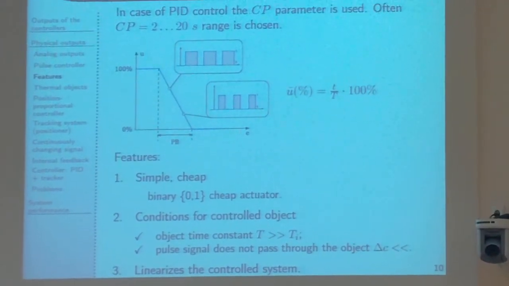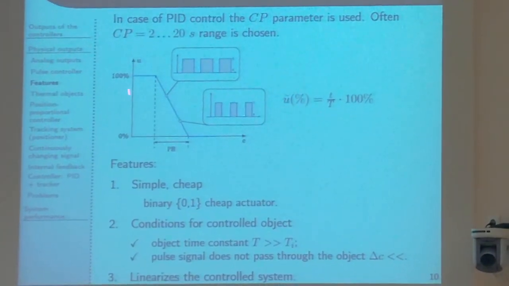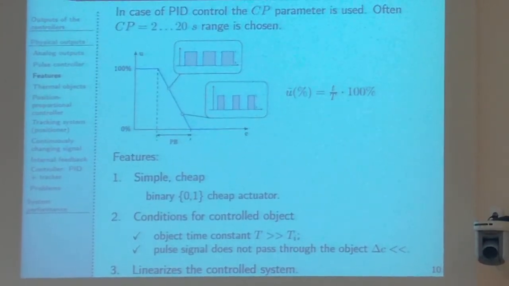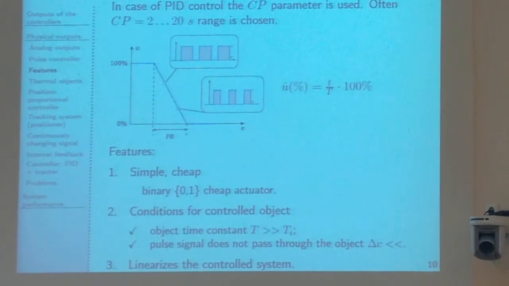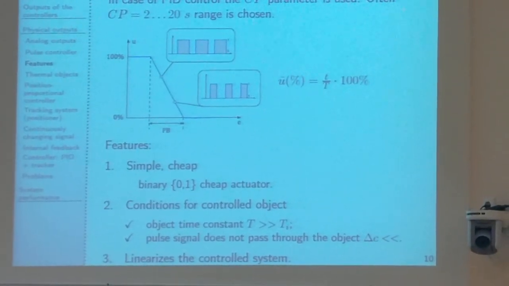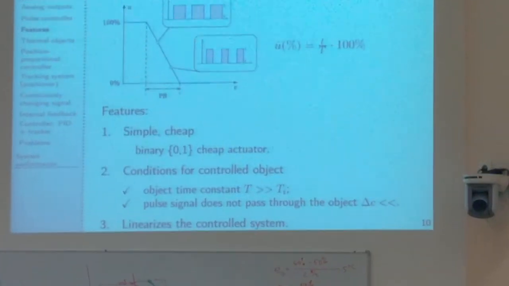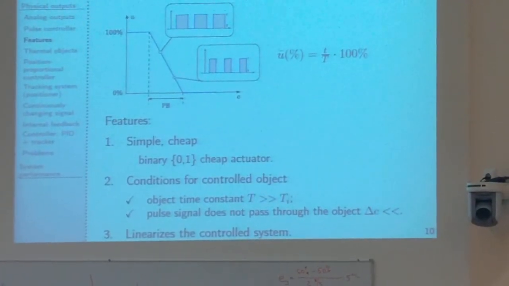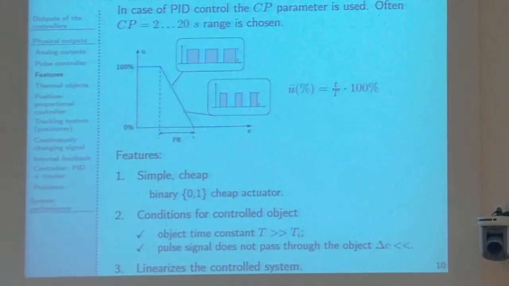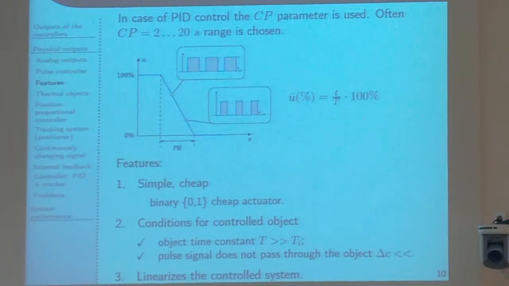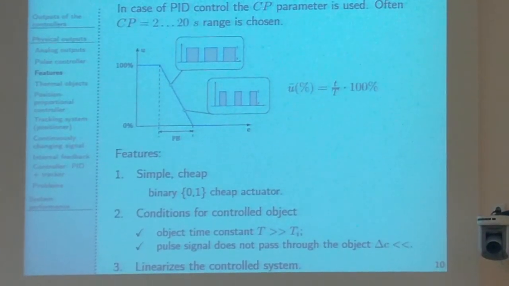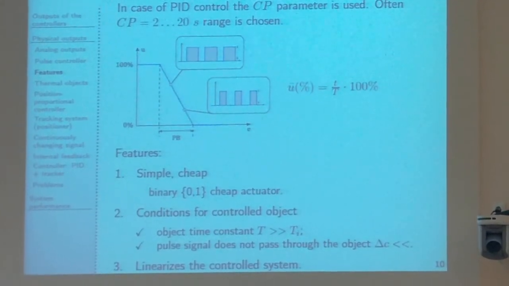And why should we use such a technique? Because first of all, if you take a look at just one of the vendors' sites, you can see that the difference in the cost is quite big. If we would like to obtain analog output controllers, then we should pay much more than for such controllers with relay output.